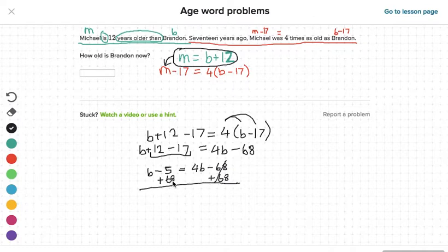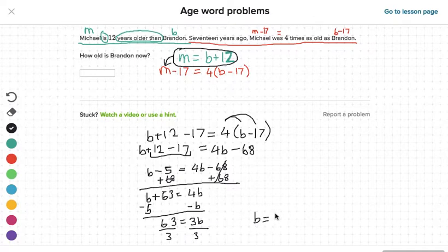That's going to cancel that out, and we have B plus 63 equals 4B. Subtract B from both sides, and that gives us 63 equals 3B. And dividing by 3, we get B equals 21.